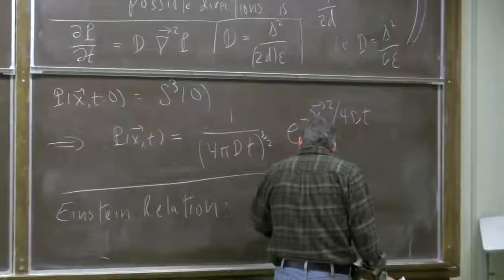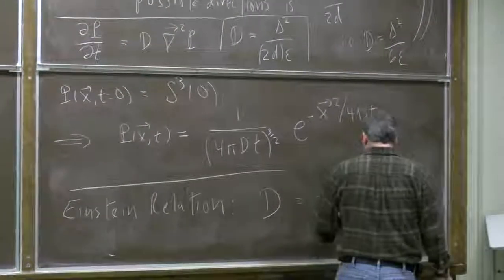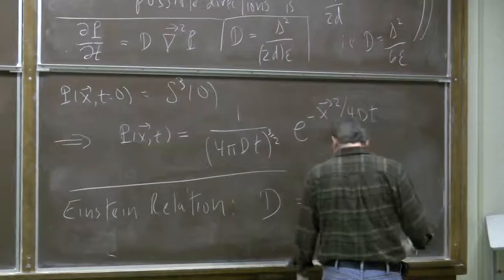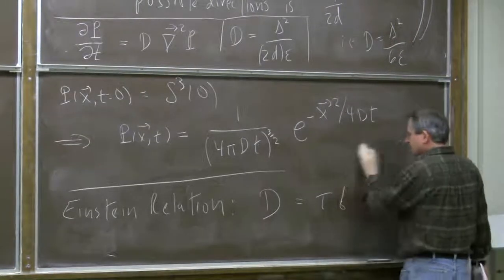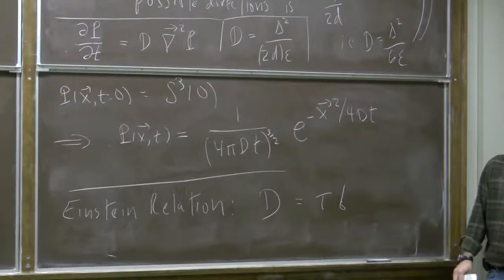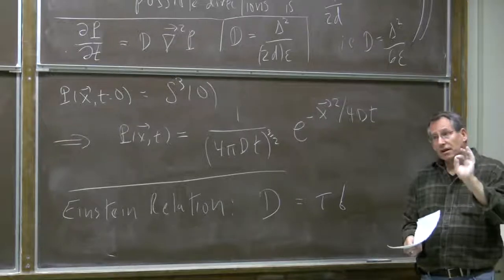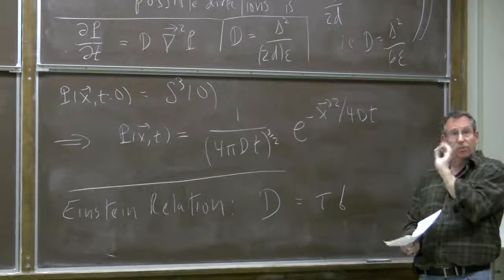A relation between the diffusion constant and something called the mobility involving temperature. The mobility is a statement about when a particle is diffusing through a medium and we apply a force to it, at what point it reaches terminal velocity.